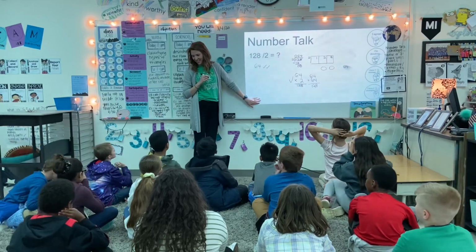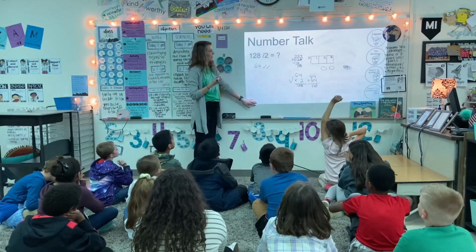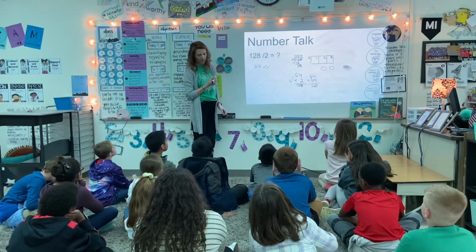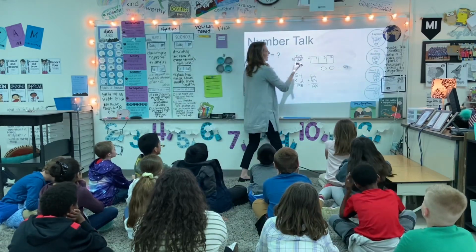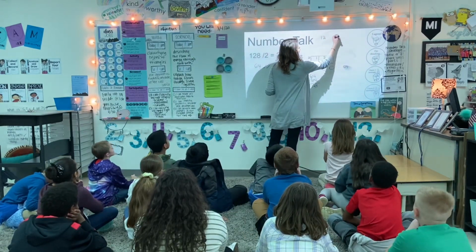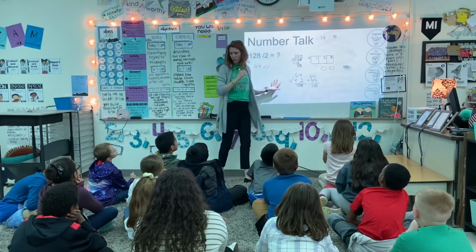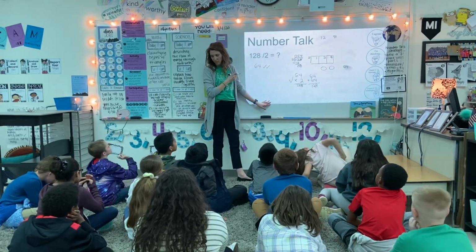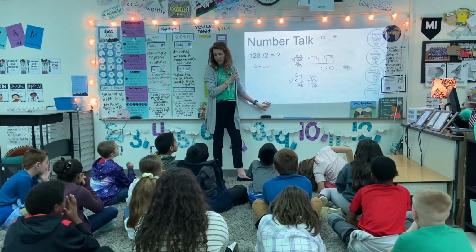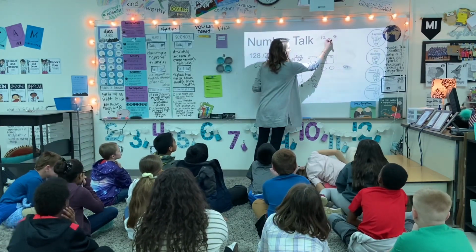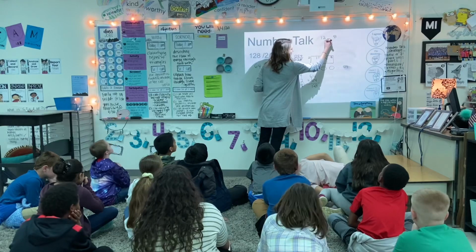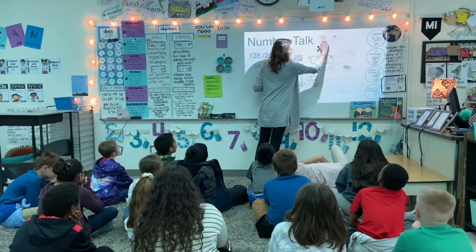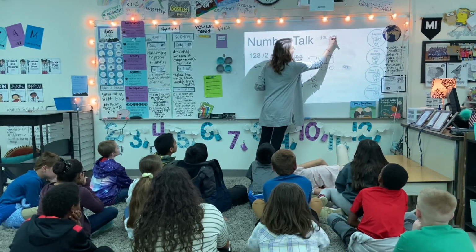I would put the 12 and the 8 and I divided it by 2. Tell me more about that. I divided 12 by 2 and I got 6. Then since it's 120 and you're looking above, I added the 0.